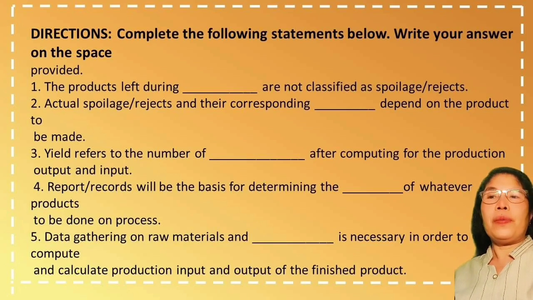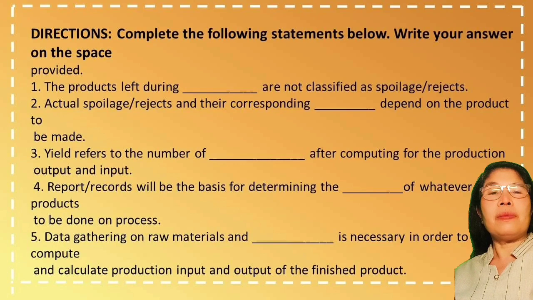Next, number 4. Report records will be the basis for determining the blank of whatever product to be done on progress. What is your answer? Correct. The answer is progress.